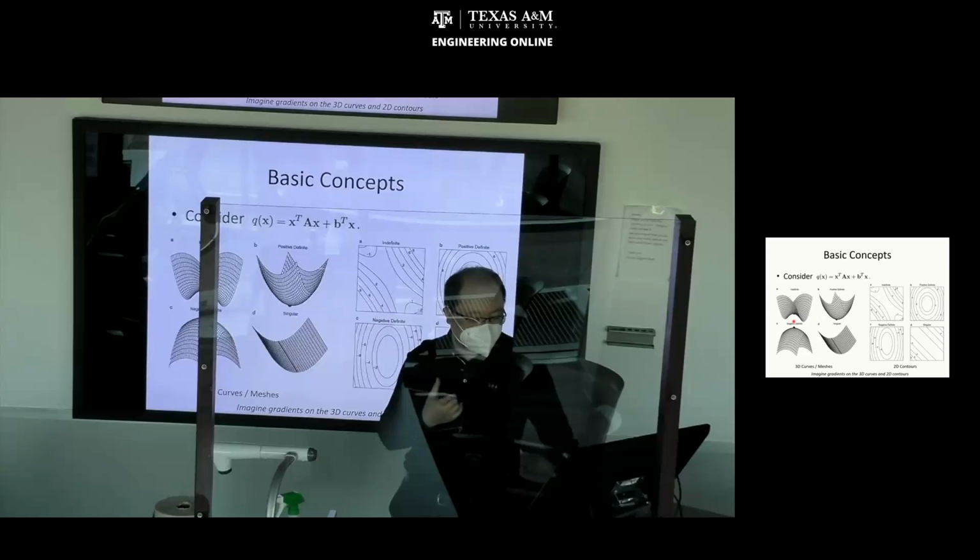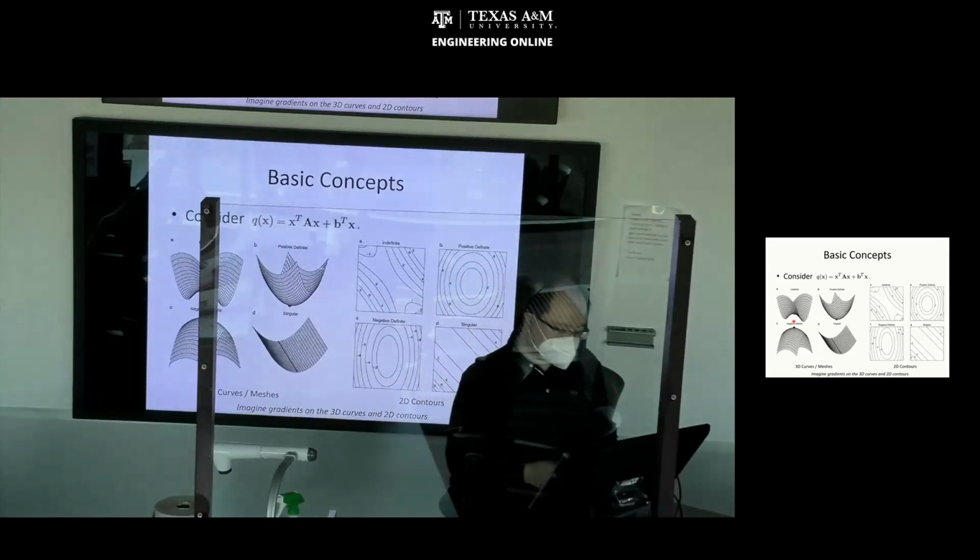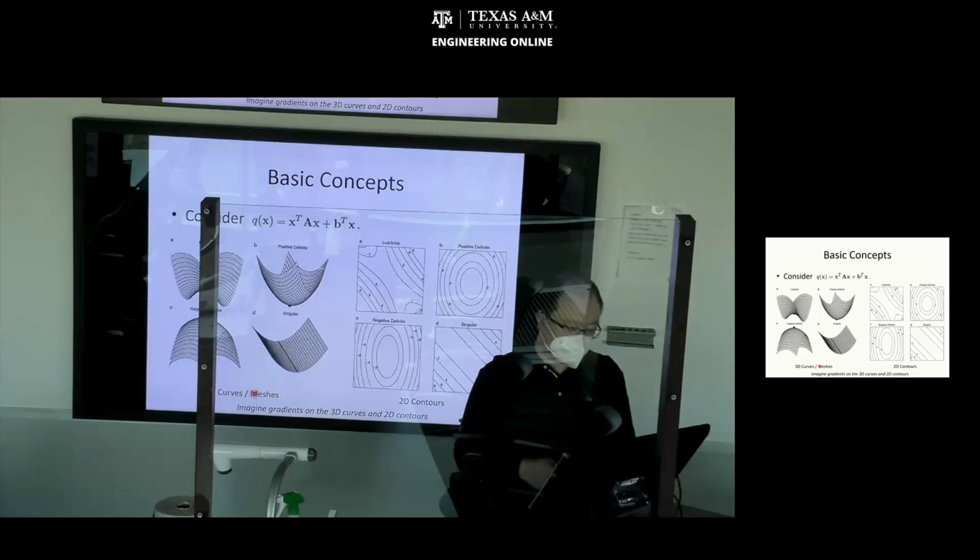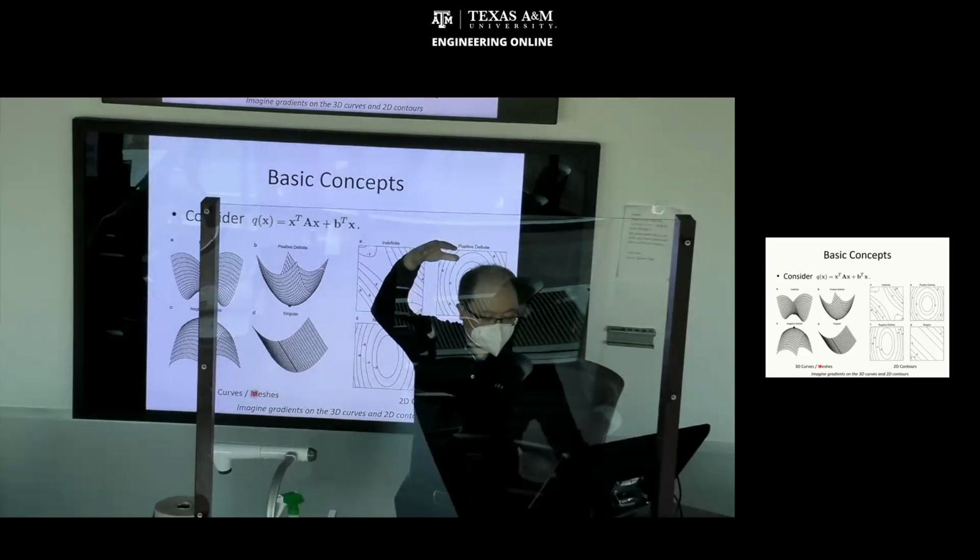So now you are looking at the 3D curves and the meshes, okay, where the lines correspond to function values being identical. Now let's imagine that we look at these 3D curves or meshes from the top view. Let's look top down.